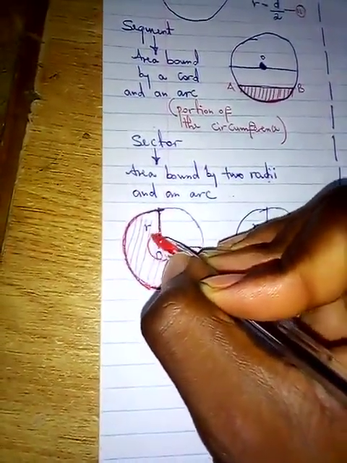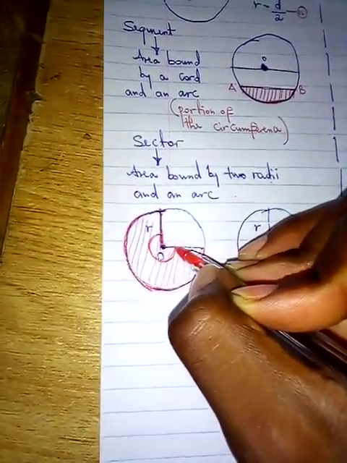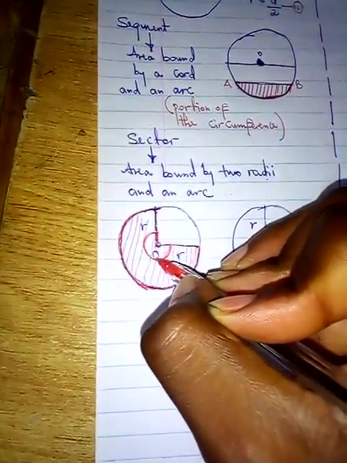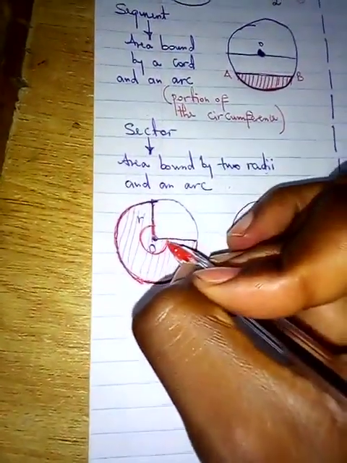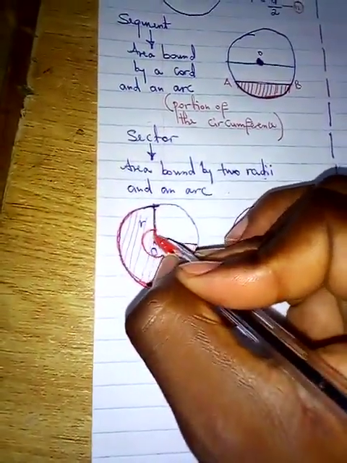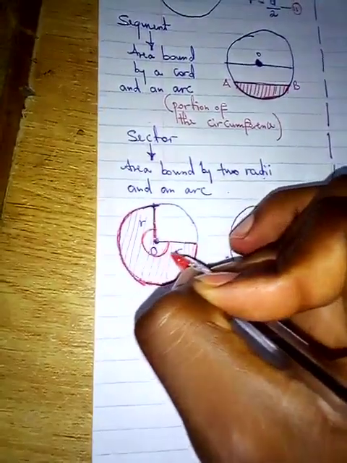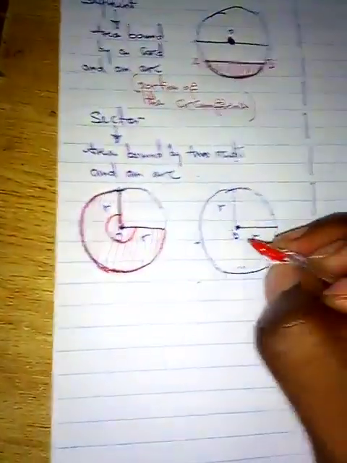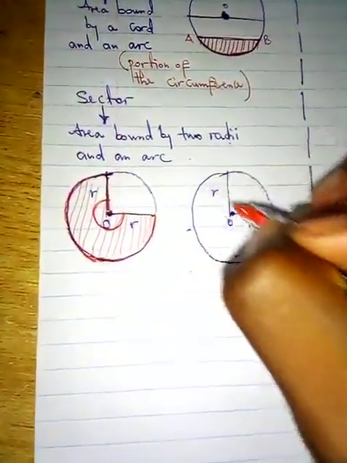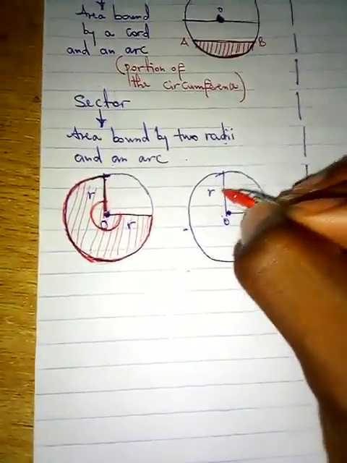So think of the sector as a portion of a circle. So this is going to be the angle representing this sector. Let us also try to look on this other one.